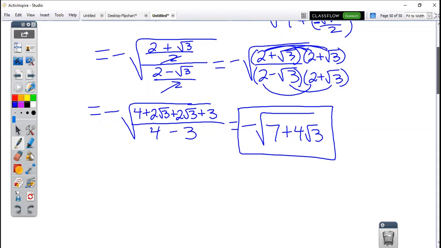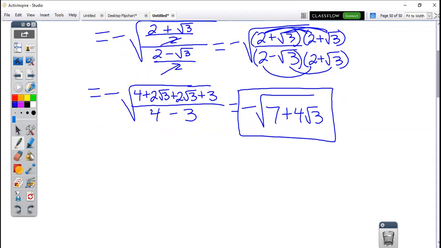The other answer I would have taken looks a little different, but if you put it in the calculator, it's the same thing. Or you could have had up here, rather than multiplying this all out, what do you notice about them? They are the same. So you could write 2 plus the square root of 3 squared over 1, right? And then say, what's the square root of 2 plus square root of 3 squared? 2 plus square root of 3.